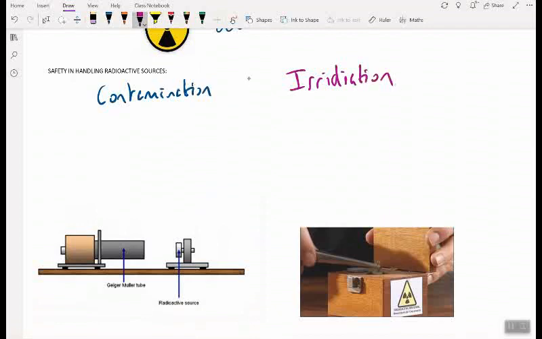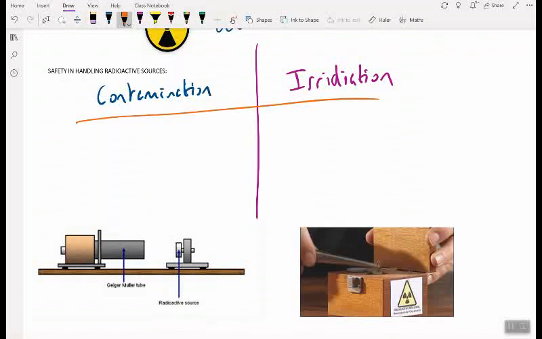We've got to be really careful that we distinguish between these two words. When something has undergone irradiation, that means that if we've got a radioactive source here giving out some radiation that we can't see, and you are standing over here, you have been irradiated.